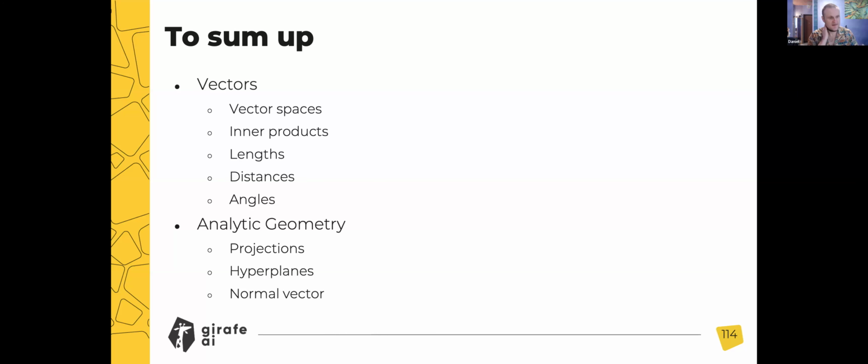And a normal vector is basically a vector that is orthogonal to each vector that lies on this hyperplane.